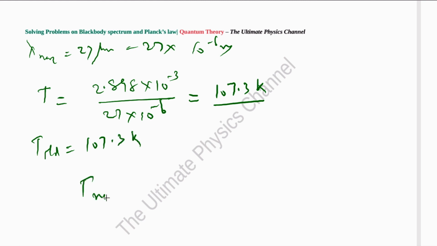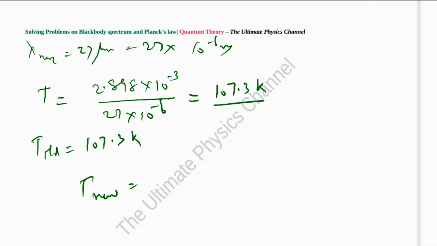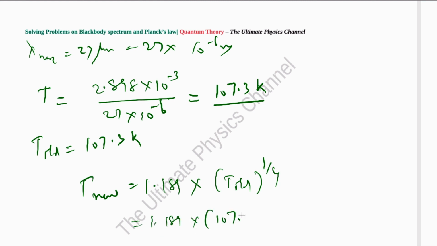So T new we need from the previous page. You can see that is 1.189 times T old. That is 1.189 times 107.3.